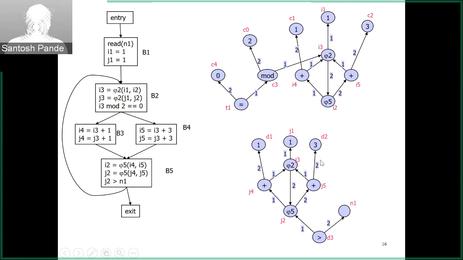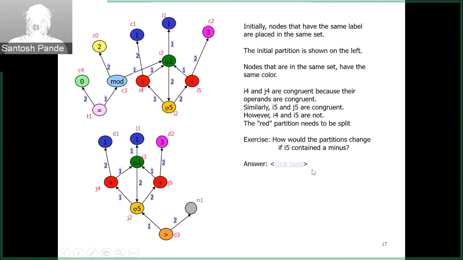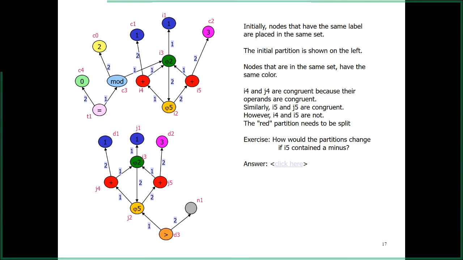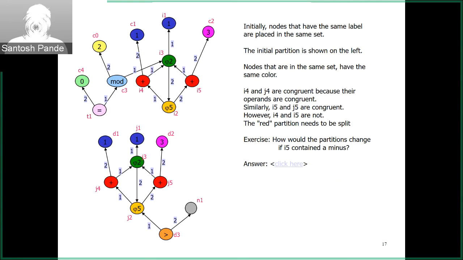So in other words, we should start with all four, I4, J4, I5, J5 being together, and then split it off. So that's what is covered here, especially this particular part.